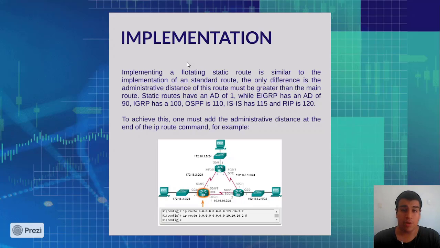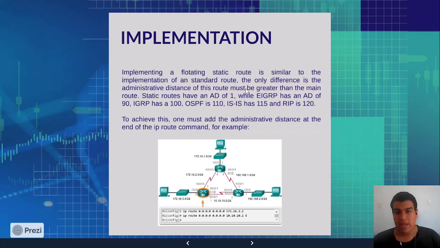At the core, it's very similar to a standard route, but the silver lining here is that you have to take into account greatly the administrative distance. Also, remember it has to be greater than the main route.